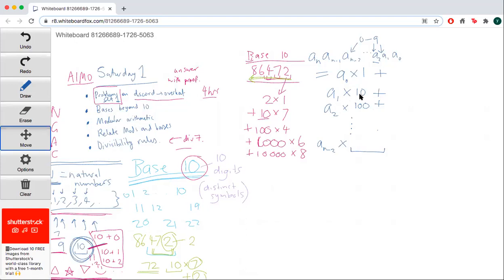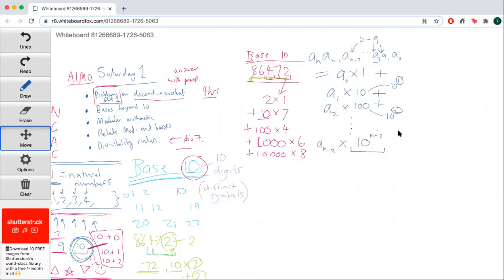So 2 matches with the number of zeros that it holds. 1 matches with the number of zeros in that term. So in general, An minus 2 is going to be weighted with 10 to the power of n minus 2. So remember that 100 is 10 squared and 10 is 10 to the 1. So the power also tells us how many zeros are in that number.